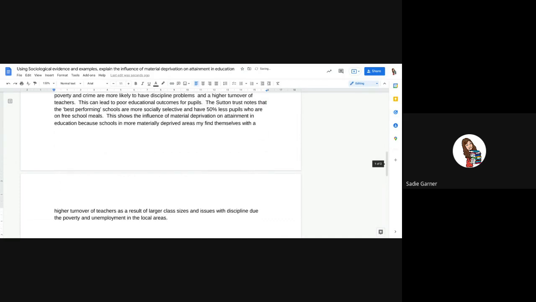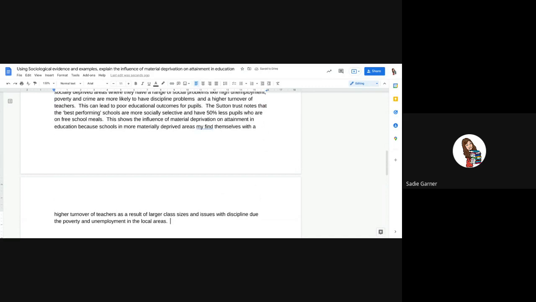So a school might find themselves with a much higher turnover of teachers, and that's the influence of the material deprivation, because that area may have higher rates of unemployment and poverty.